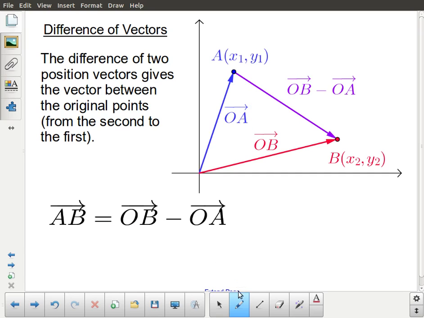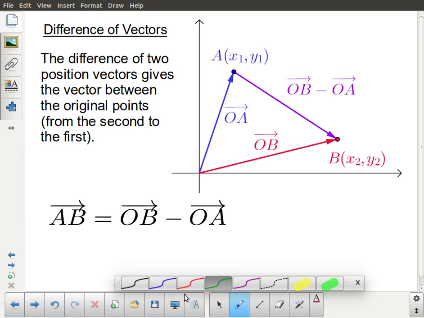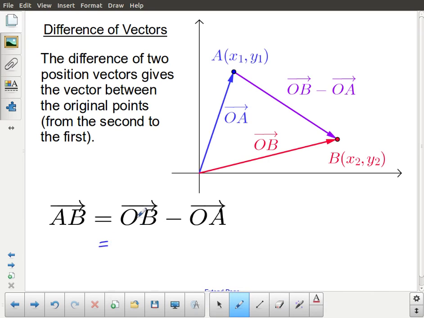And so if I go ahead and fill some of that in, OB is equal to x2, y2 minus OA, which is x1, y1.